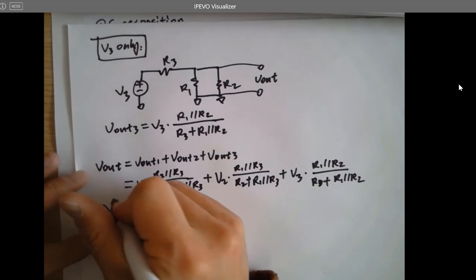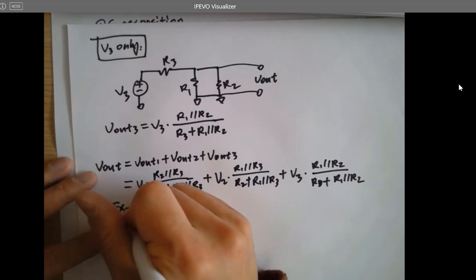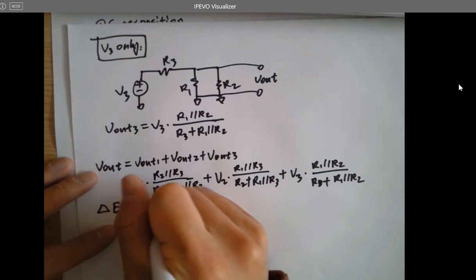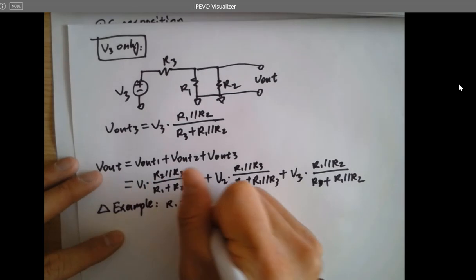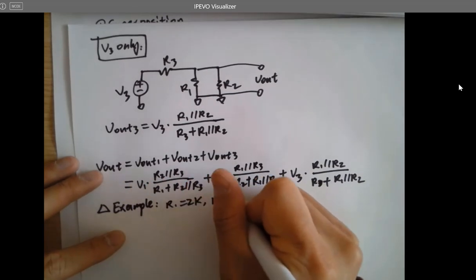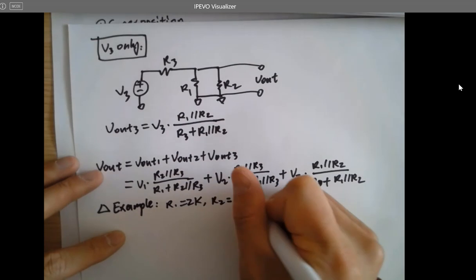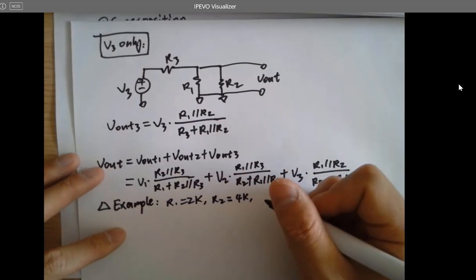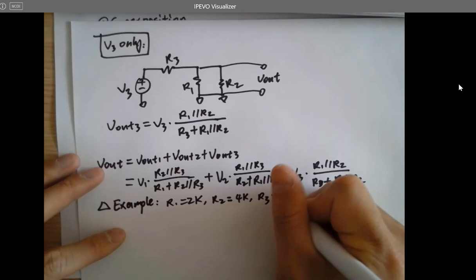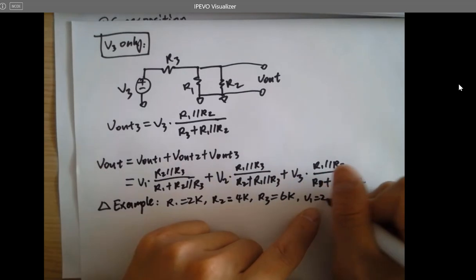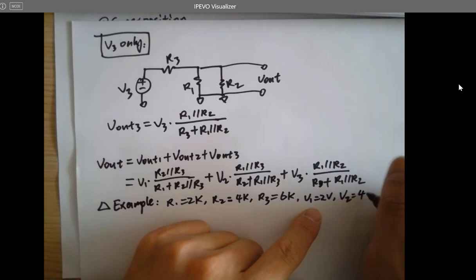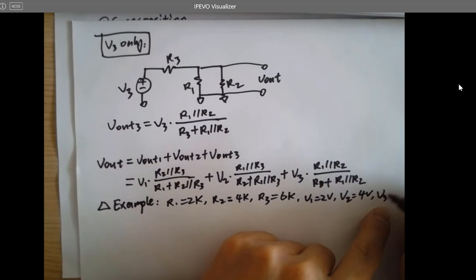Let's take an example, plugging the numbers into it. What if R1 equals 2K ohms, R2 equals 4K ohms, R3 equals 6K ohms, V1 is 2 volts, V2 is 4 volts, V3 is 6 volts.